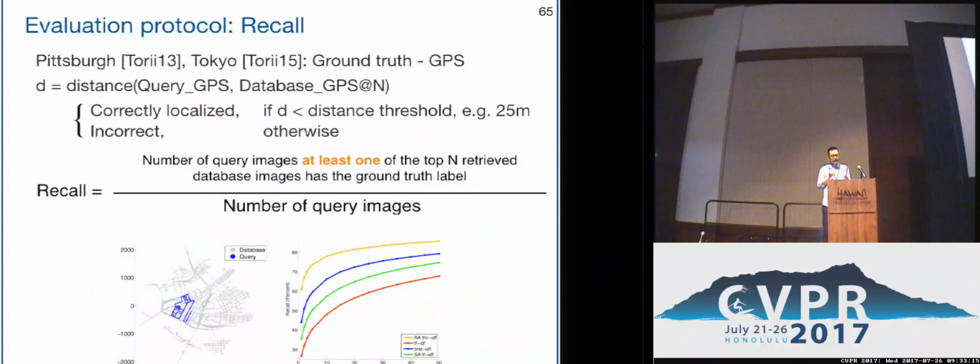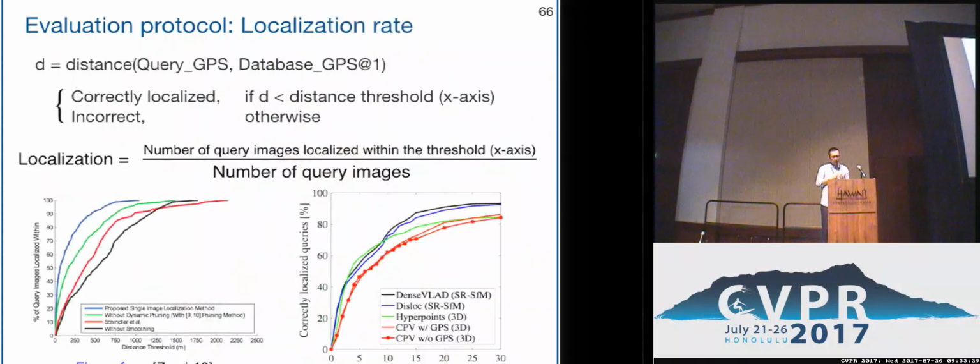For other datasets which have the GPS position as ground truth, we can just threshold it, and use that as a label for whether it's correctly localized or not.